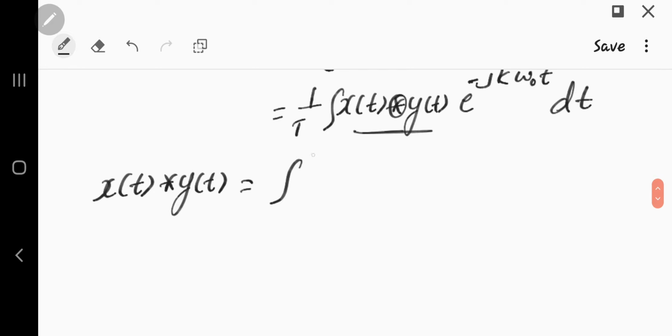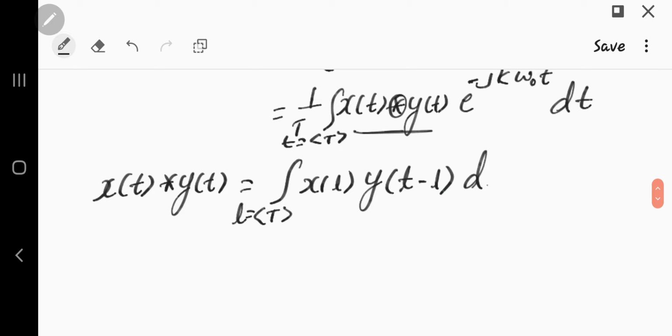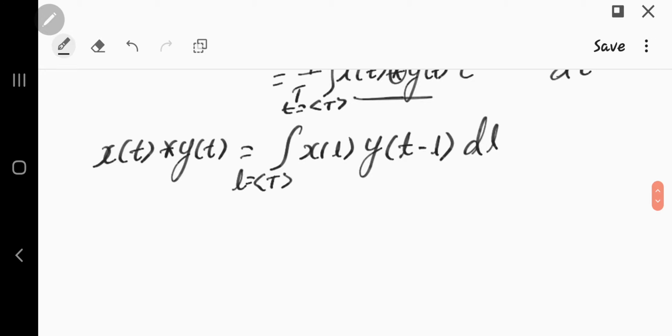Just for my convenience, t is representing the limit here, so I will replace this with some other one. Let L take that value, then this will be x of L y of t minus L dL. Okay, so this is from the convolution integral.